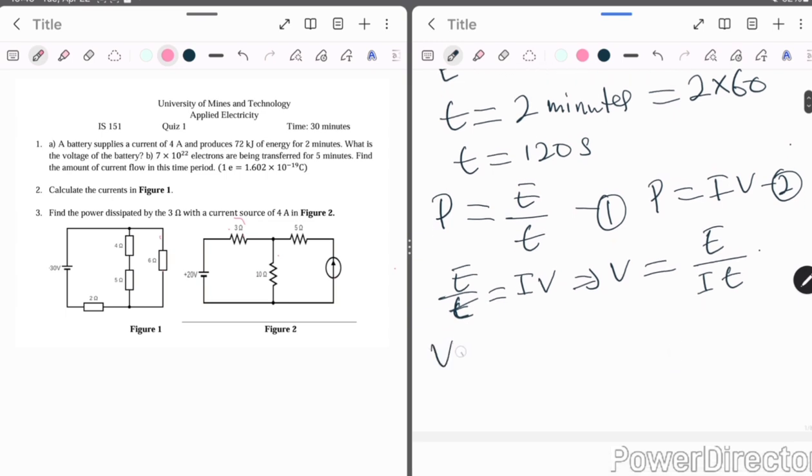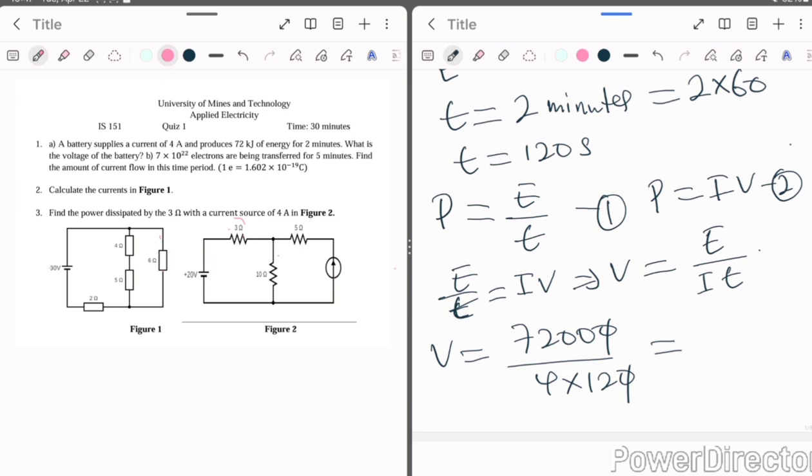Now we just replace the values. So we have energy to be 72,000 divided by 4 times 120 seconds. This 0 will cancel 0. 4 times 12 will be 48.